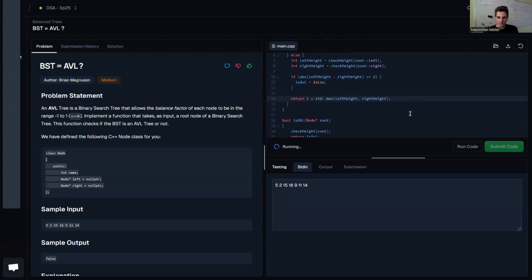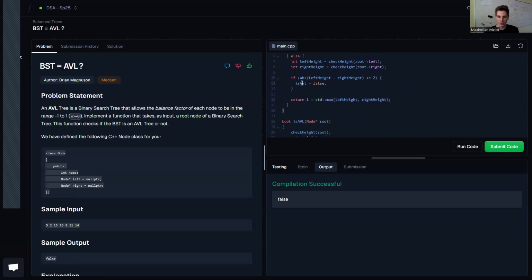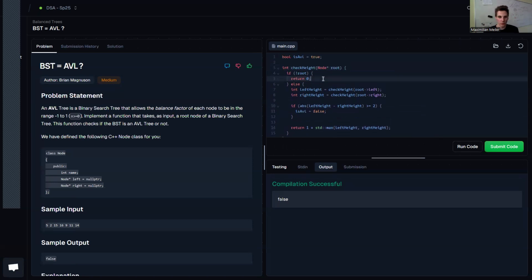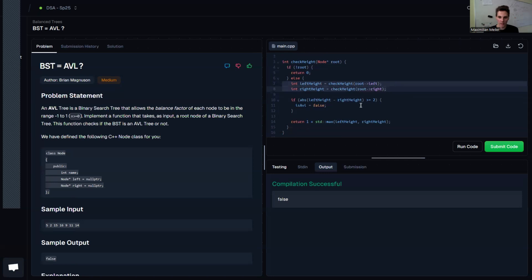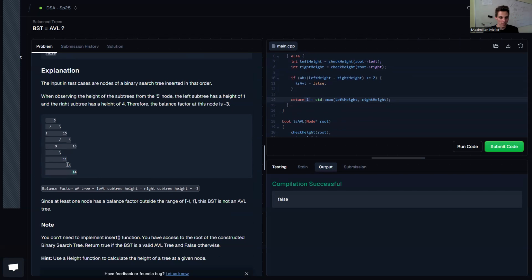Let's run the code. Remember, all this is doing is starting at the root and recursively calculating heights. So it will return 0 at the null pointers, and then the leaves will get 0 for their two values here, and we'll combine them. We'll have a height of 1. From there, we'll move up the tree, up the recursive call chain, and calculate the heights of every single node.